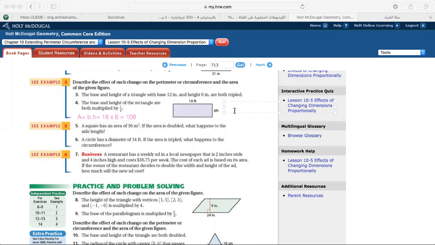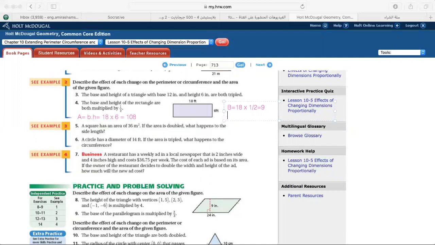Let me here write the area after the changes. Both are multiplied by half. So the base is 18 multiplied by half, so 18 divided by 2 is equal to 9.